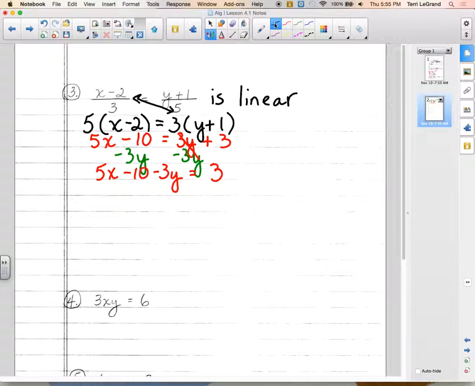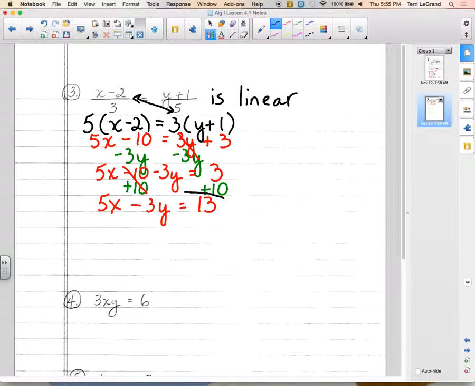It's being subtracted, undo subtracting with adding. We'll add 10 to both sides. And we have 5x minus 3y equals 13. So we have it in standard form.